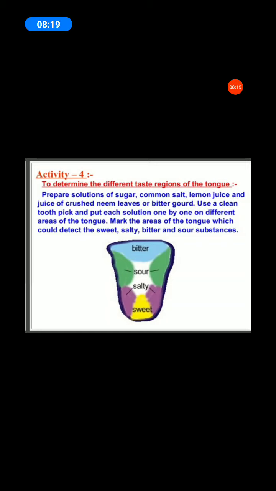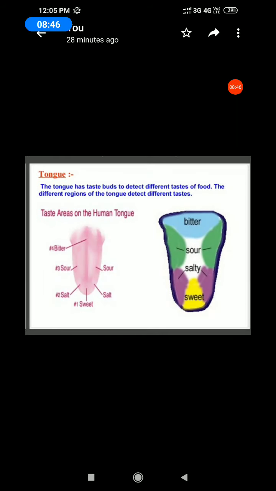All of you see the picture in the video. In blue color, bitter. The blue color area, bitter taste. Next, green color area, sour. Next, purple color area, salty. Yellow color area, sweet. Can you understand? Okay. Next, see the diagram. The tongue has taste buds to detect different taste of food.